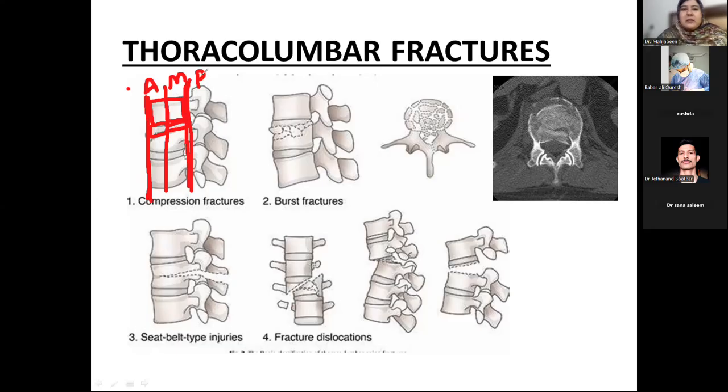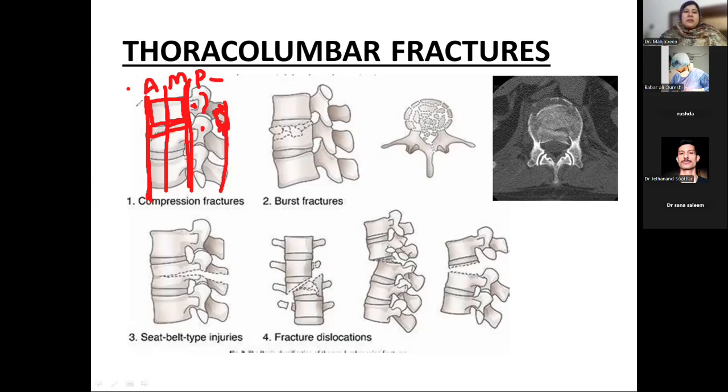Rest everything is in the posterior column. The posterior column includes the spinous process, the transverse processes, the facets, the ligamentum flavum, the interspinous ligament, the supraspinous ligament, everything is in the posterior column.